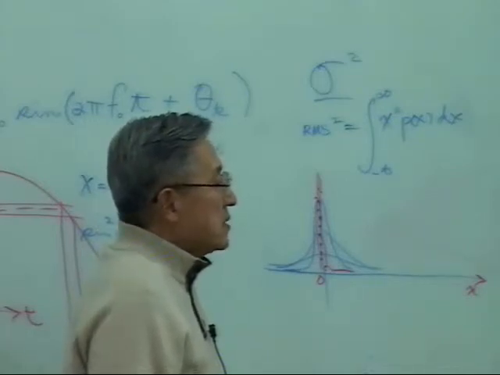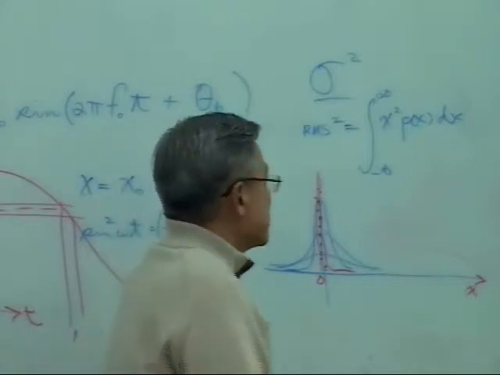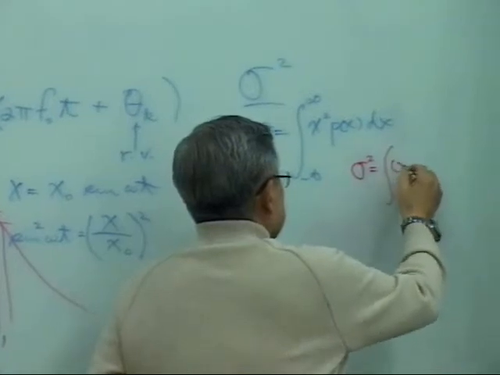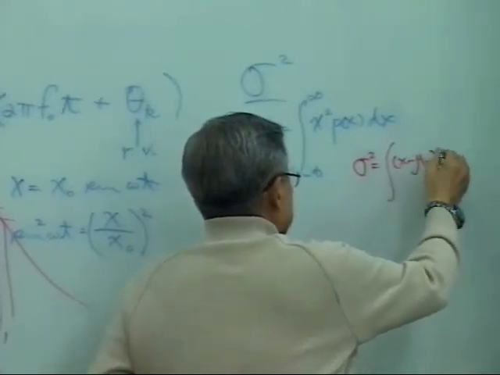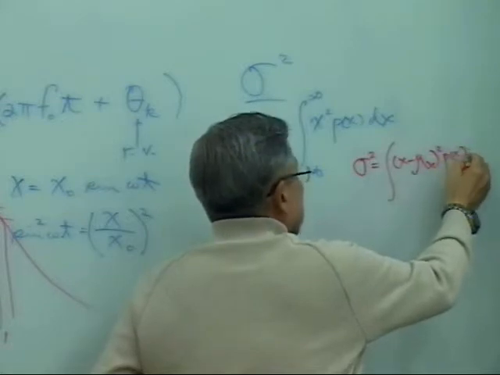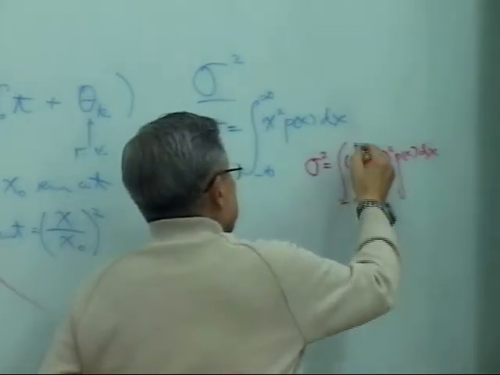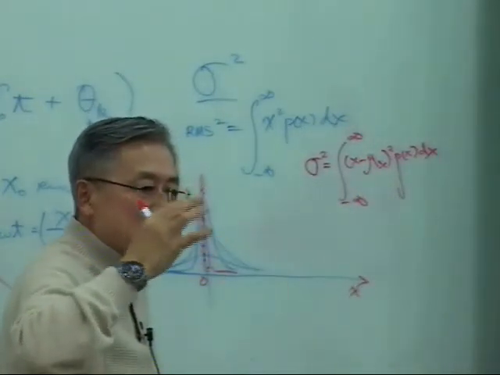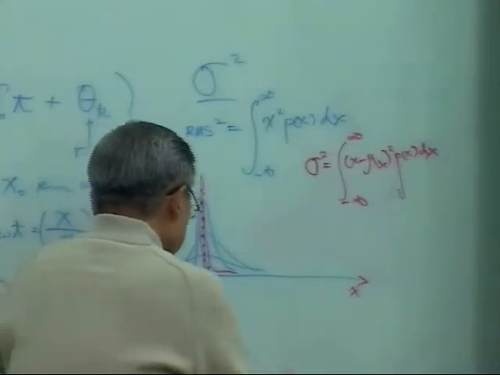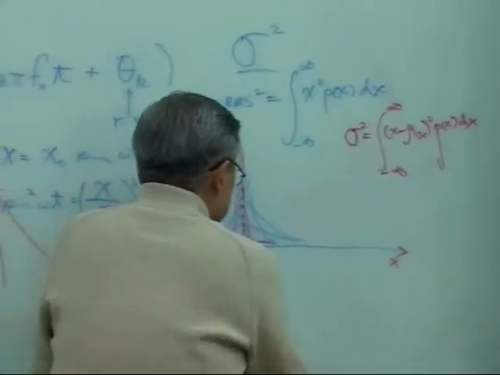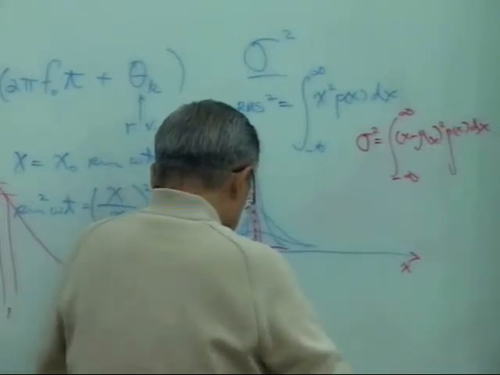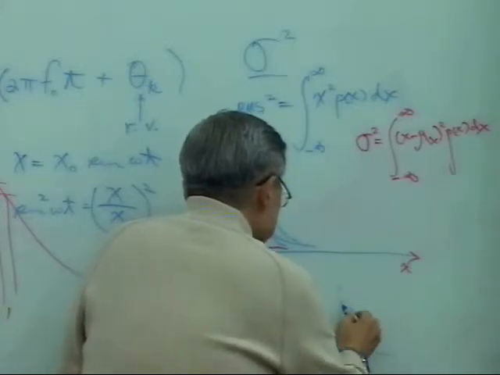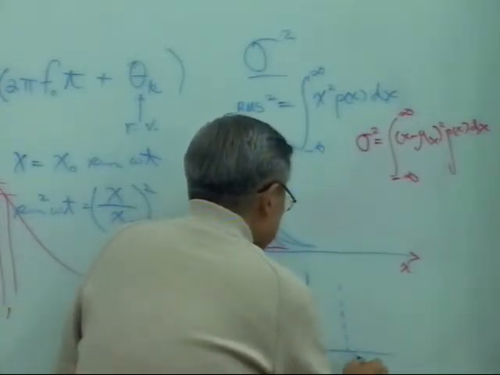What about then the variance? Variance is the integral from minus infinity to infinity of (x minus mu) squared times p(x) dx, which is a measure of central tendency about the mean. So not like this. You're dealing with the mean, so this mean is right here, the mean value.